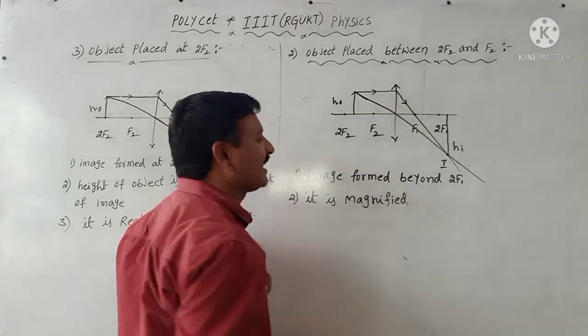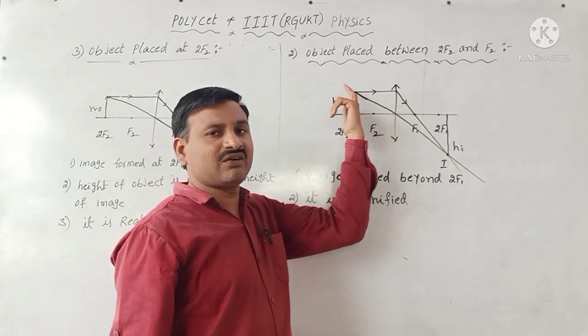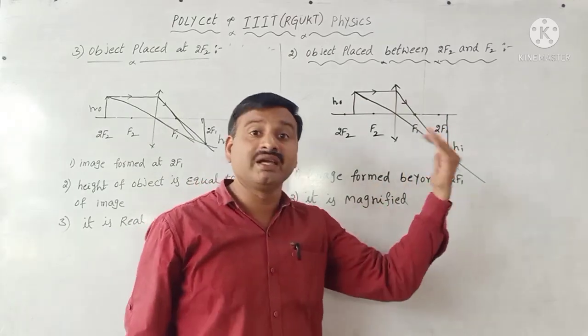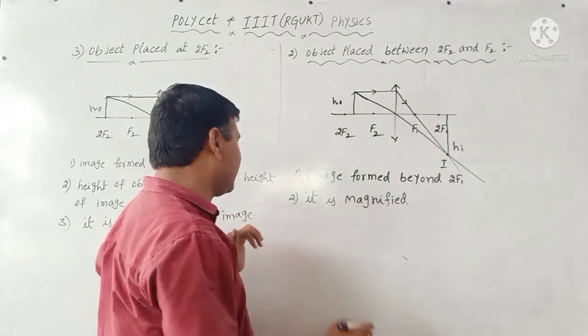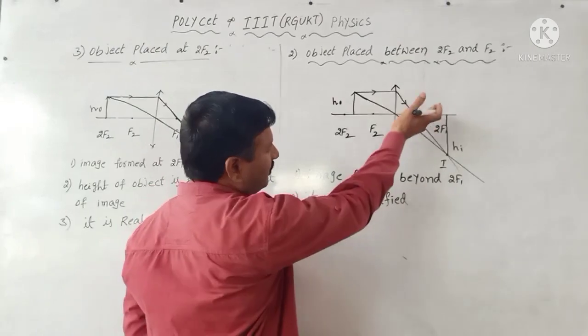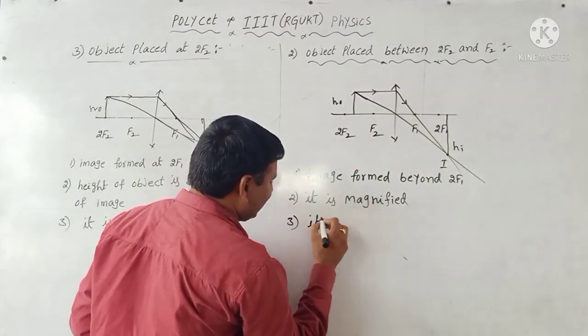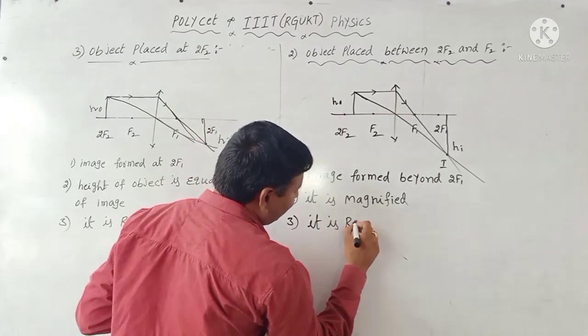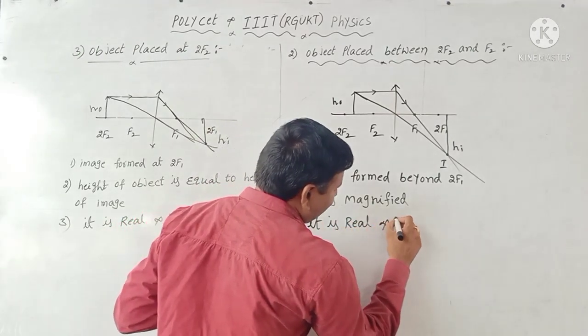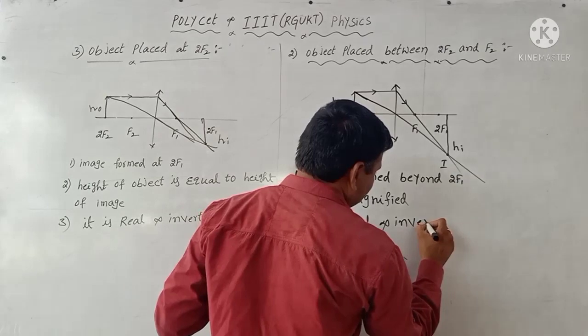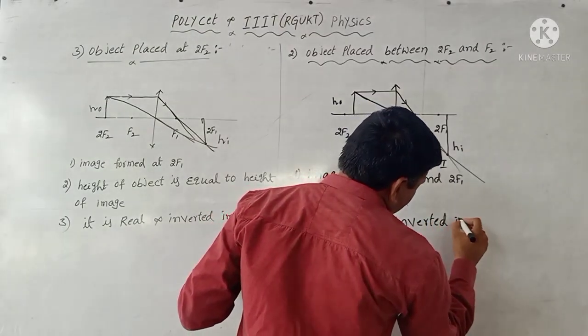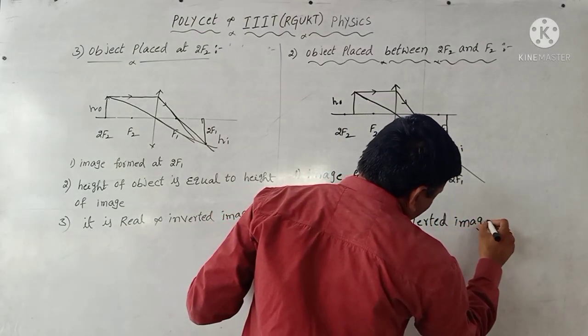Compared to the height of the object, the height of the image is very big. Big means magnified. Next, the image is also formed vertically down, below the principal axis. So it is a real and inverted image.